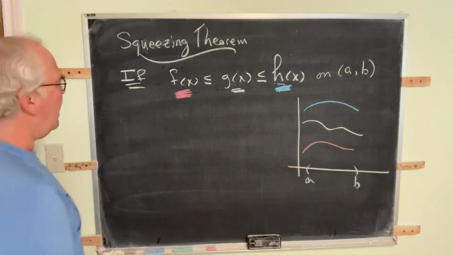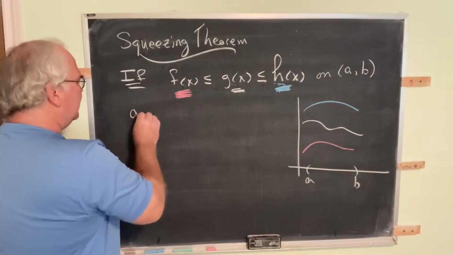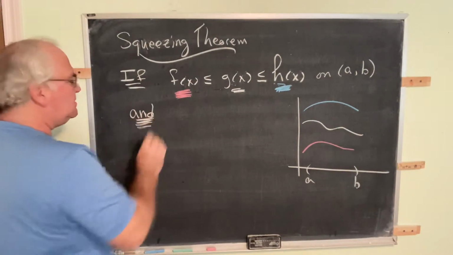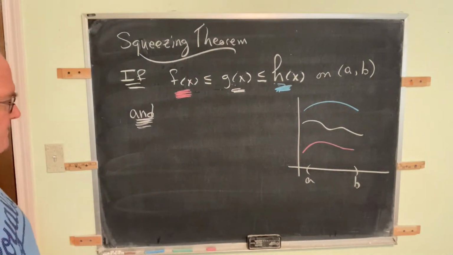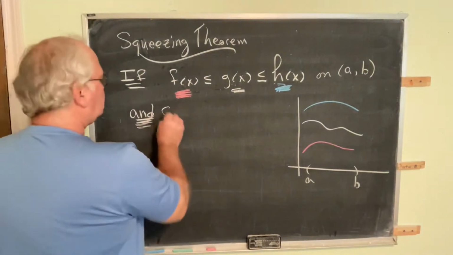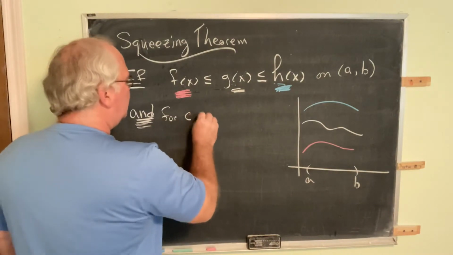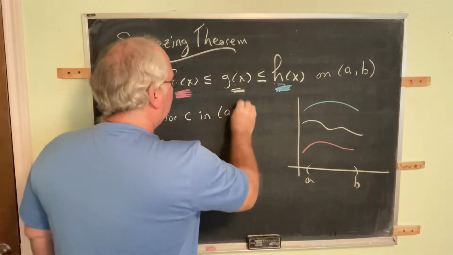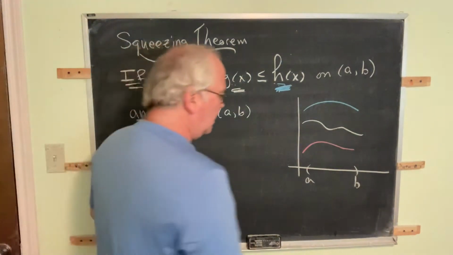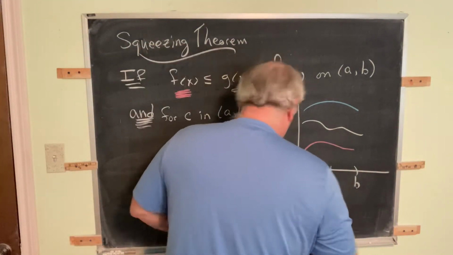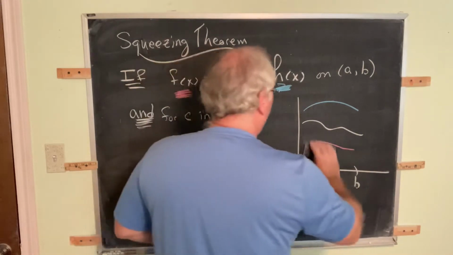But then we also have some more information. Suppose we also know this. For c in the interval, so c is in the open interval (a, b). c is, let's say, right here. Now I'm going to change the picture, so I'm going to erase my three graphs.